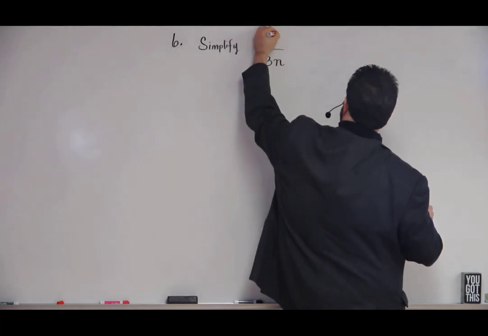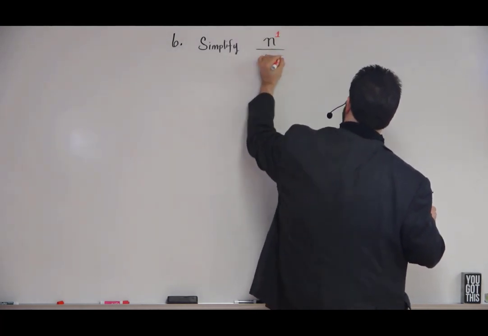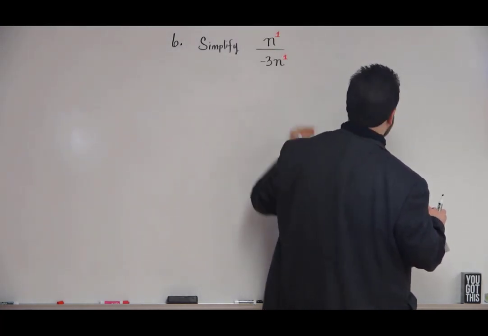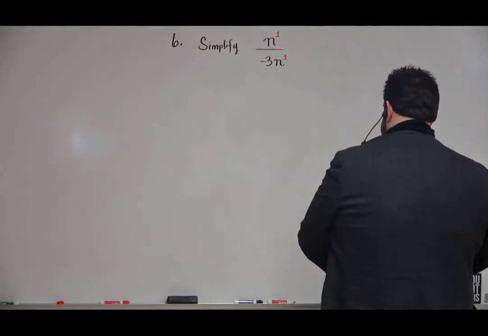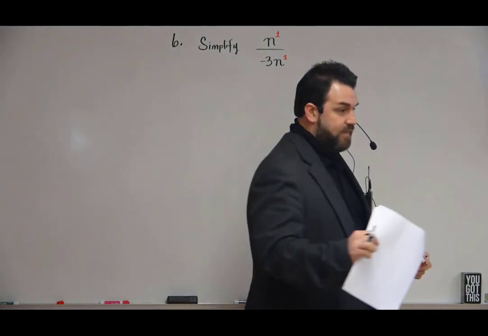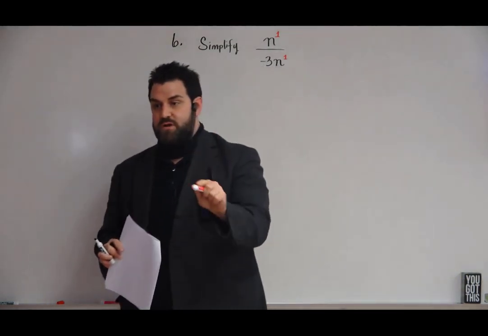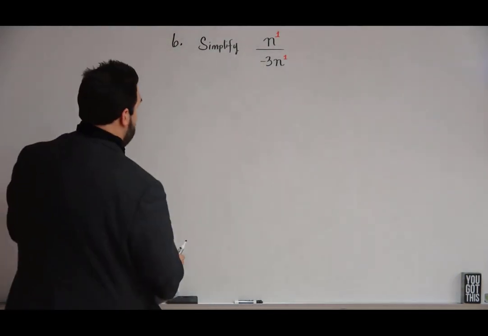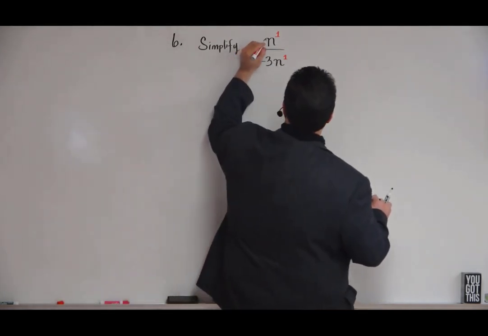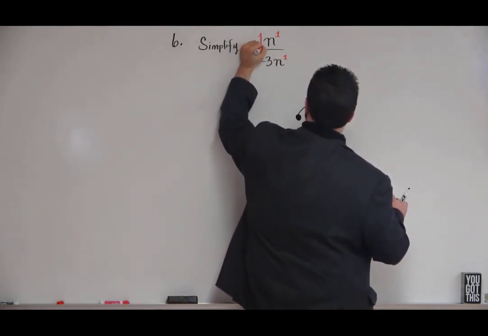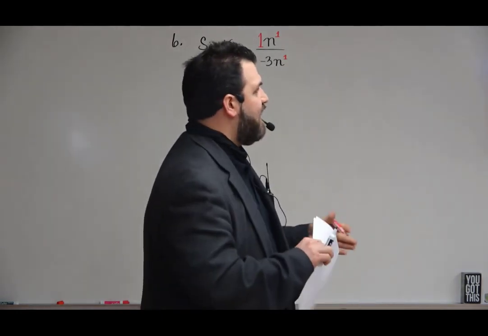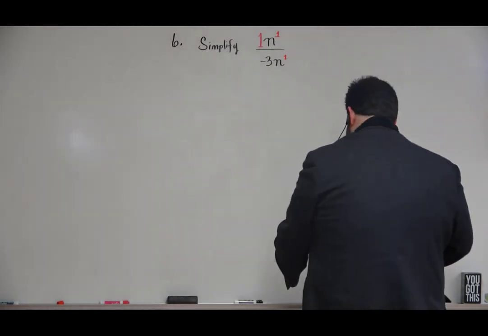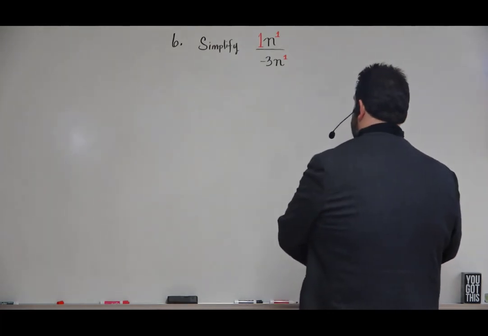So remember, when there's no exponent written, we assume there to be a 1 in the exponent section. Further, and this is perhaps the most critical part for this particular problem, in front of this n, we need to remember that there's a 1. Okay? So if you don't write that in, there's a risk that you're going to not understand what happens next.